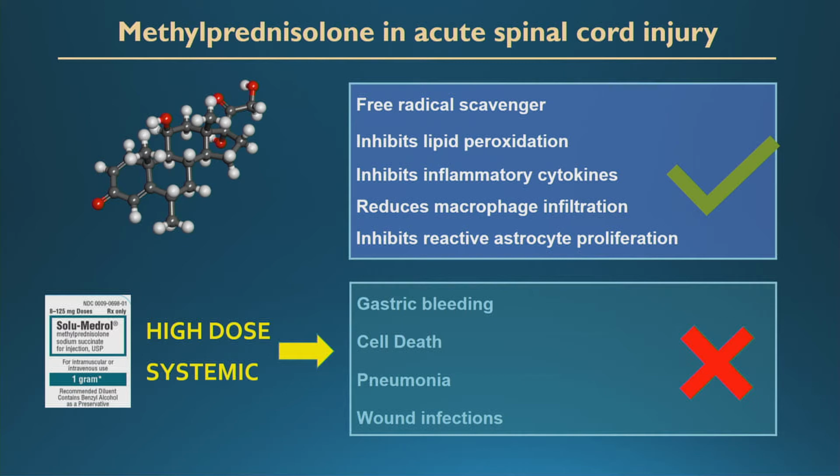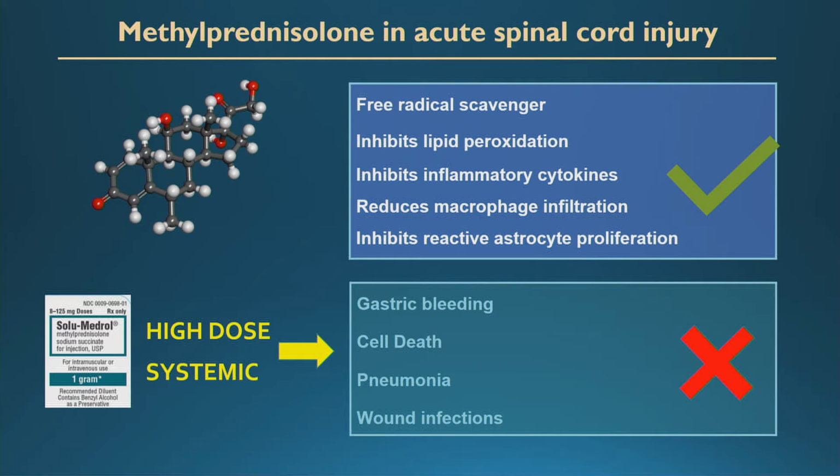The mechanisms that are associated with the action of methylprednisolone are scavenging of free radicals, inhibition of lipid peroxidation, inflammatory cytokines, reduction of immune cell infiltration, also astrocyte proliferation. There's also something in the literature that points to an increase in trophic factors such as NGF after administration of methylprednisolone.